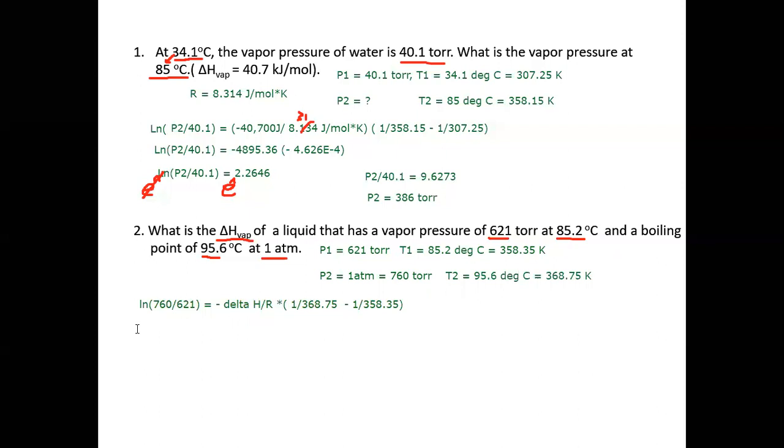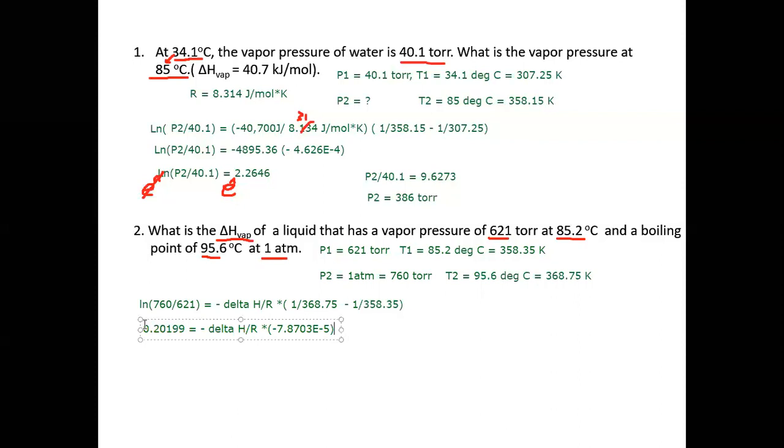Now we're going to work some of this stuff out, simplify. We get an extremely small number. Negative 6.